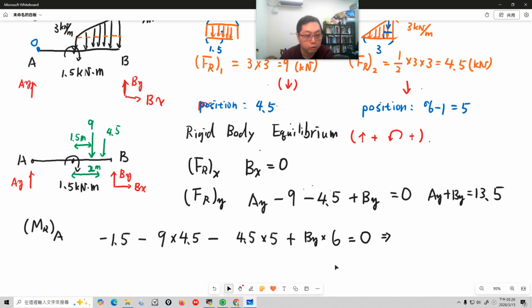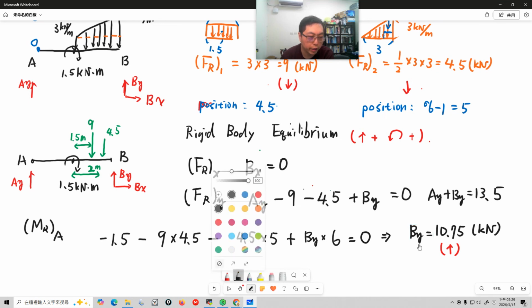Using your calculator, you will find By is positive 10.75, and the unit is kilonewton. Because initially we assumed it's positive and we get a positive answer, it really is positive, so its direction is also pointing up. Once you solve By, you can get Ay directly.